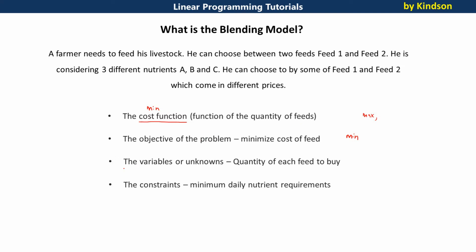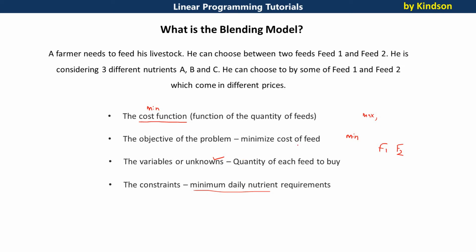And then we need to find out the variables, the unknowns, which in this case are the quantity of each feed to buy, quantity of feed 1 and feed 2. We'll set it up in the next table and then we solve it. Then the constraint is there's a minimum daily nutrient requirement for the livestock.